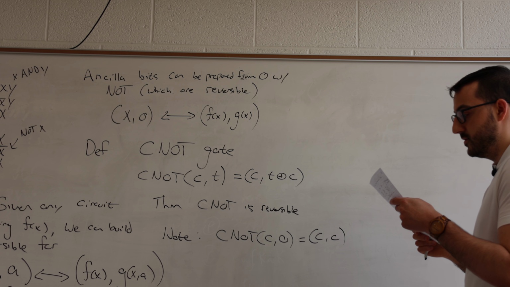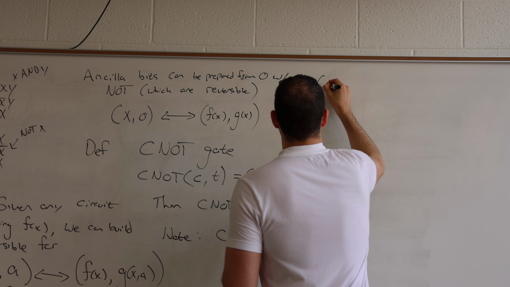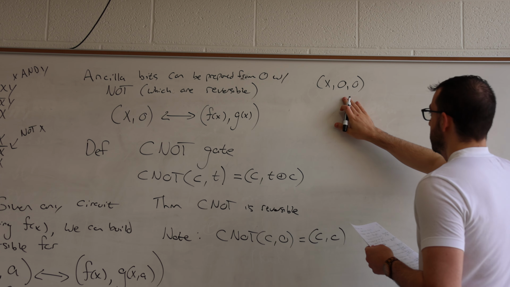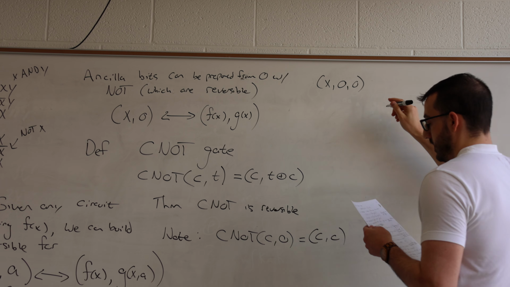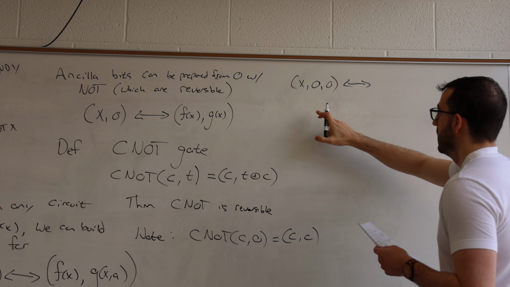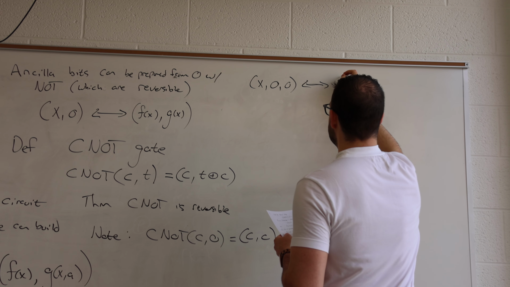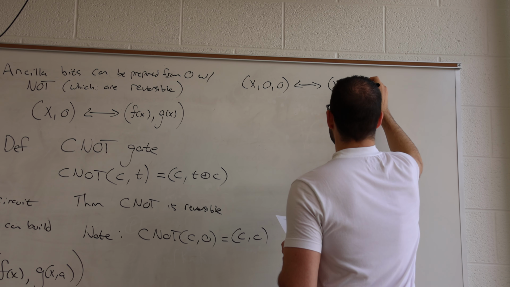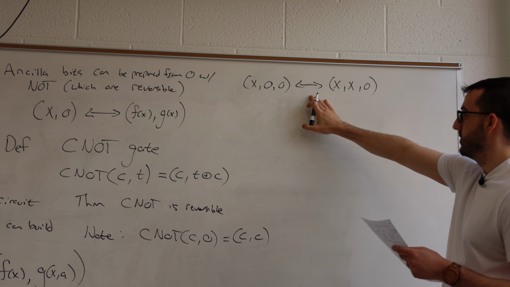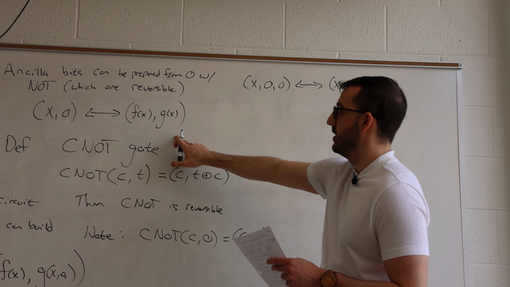So what I'll do is I will create x, 0, 0. So let's start in this state with 3 registers now. And then what I'll do is I'll keep one copy of x around. I can make a copy of it to this second one using the C naught, so x, x, 0. And C naught is reversible, so I'm allowed to write the arrow in both ways.